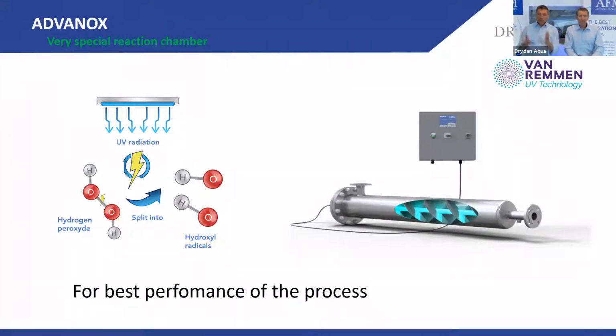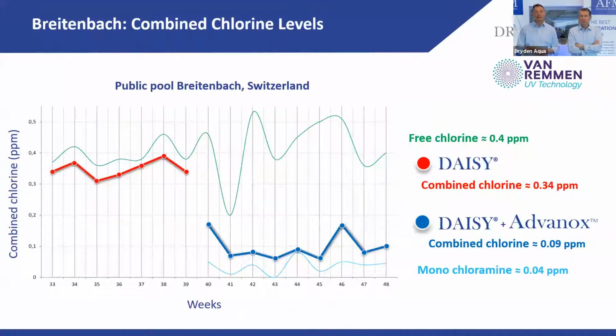So we do not use a normal one, but a special one, specially developed for this process by our friends from Bremen, so that you always bring the water as close as possible to the lamp. Yep. So this is why there is a special chamber, because then you have higher UV radiation, then you have more effect in splitting this.